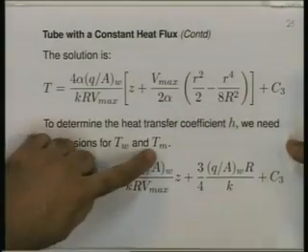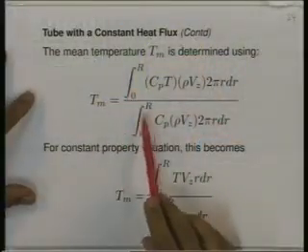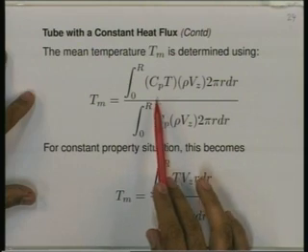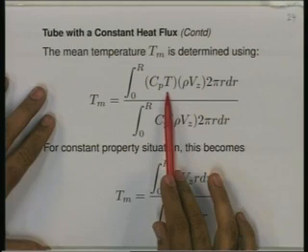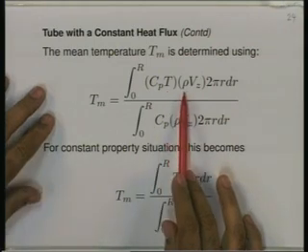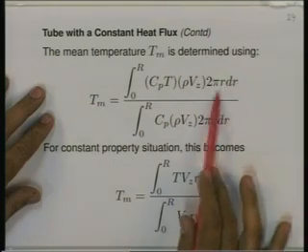Now we have to determine the mean temperature of the fluid. And here we have to be careful. The mean temperature is determined using this definition. And let us look at what this definition means. Notice in the numerator, Cp T, which is a representation of the enthalpy, into rho Vz 2 pi r dr, is an area element.